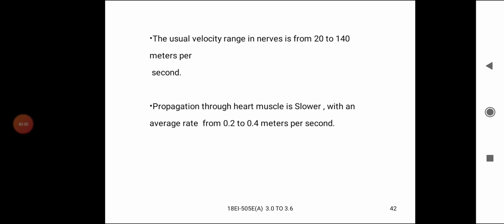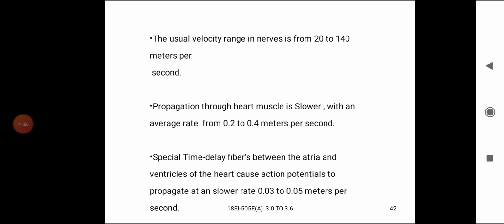The propagation through heart muscle is slower, with an average rate of 0.2 to 0.4 meters per second. The special time delay fibers between the atria and ventricles of the heart cause the action potential to propagate at a slower rate, that is 0.03 to 0.05 meters per second.